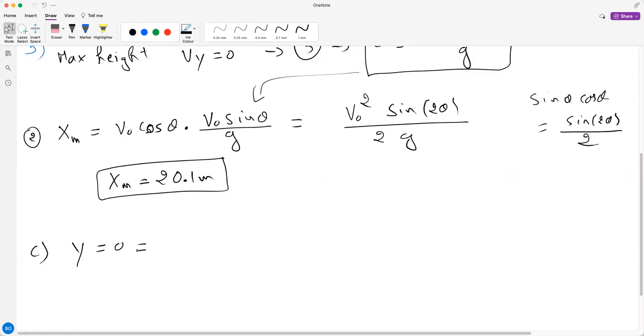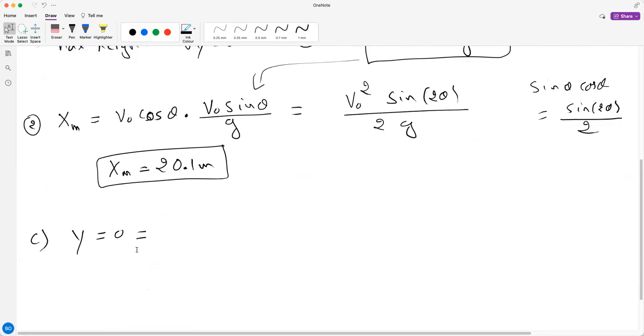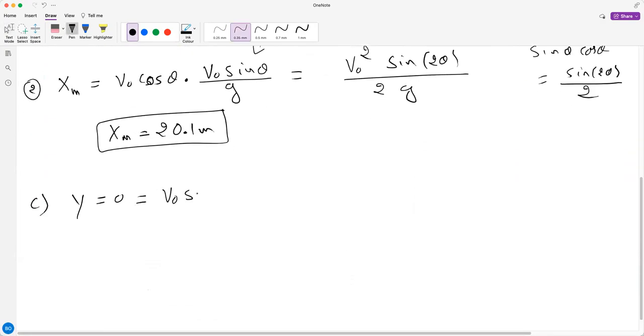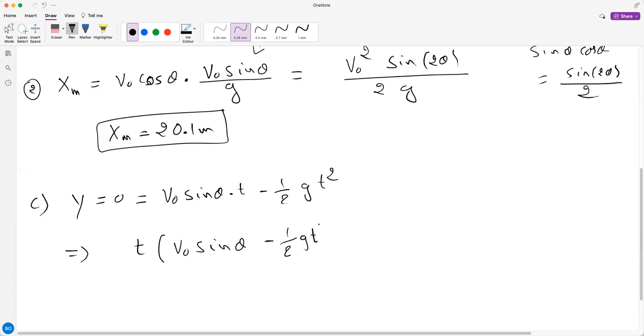Now y is equation number 4, which is v0 sine theta t minus 1/2 g t squared. If we put time in common, this gives us t times (v0 sine theta minus 1/2 g t) equal to 0. Either t is equal to 0, which is the initial condition at the moment when we threw the ball, or the bracket is equal to 0.